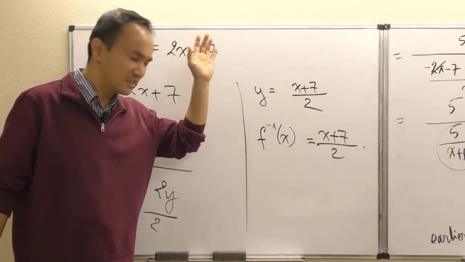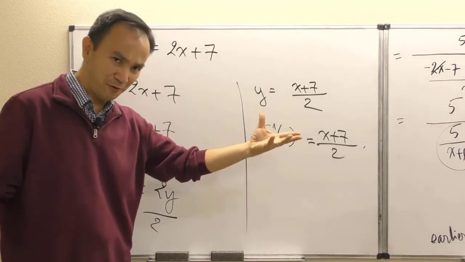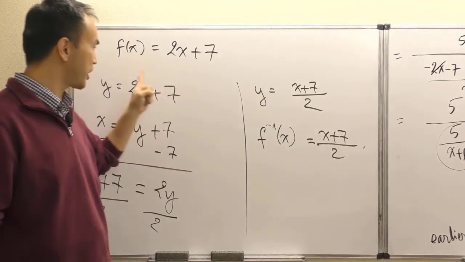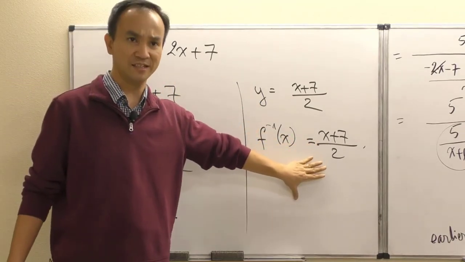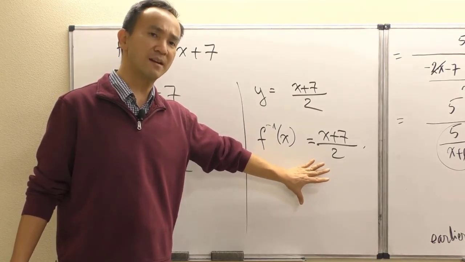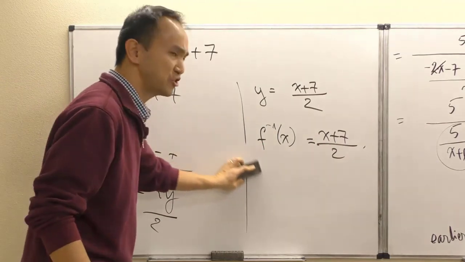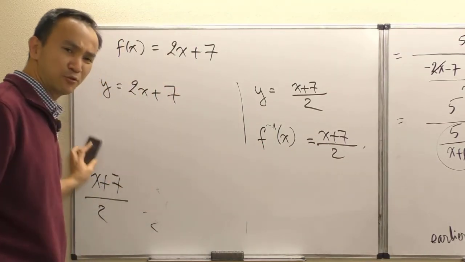So we need to do the following. The technique I've just shown in example 4 is a perfect way to check whether we have derived the correct inverse function. Here's how we can check our work. Think of that example 2 that we were doing.